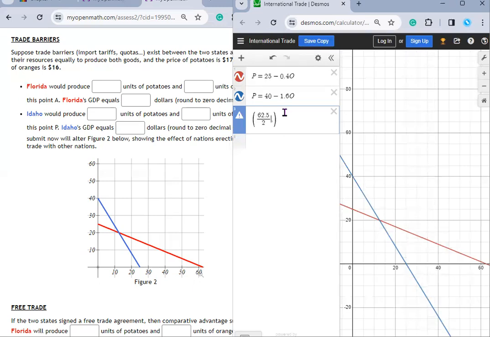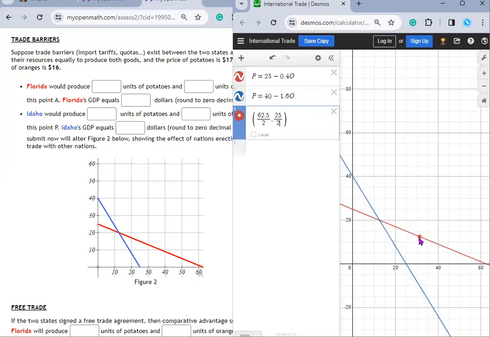Okay. Now, the second part of the point for Florida is going to be the potato situation. Now, if all the resources in Florida are devoted towards potatoes, it'll produce 0 oranges and 25 potatoes. But again, we're devoting half our resources to potatoes, right? So we're going to do 25 divided by 2.